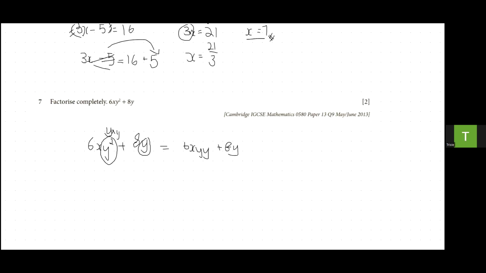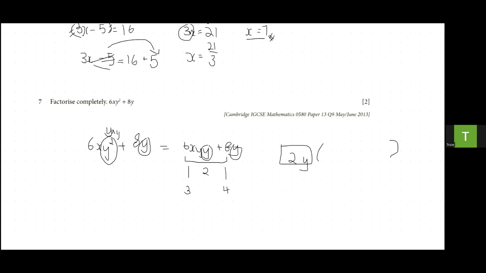So y is repeated, and now the number. Which number could both 6 and 8 be divided by? It's 2. 6 divided by 2, you get 3. 8 divided by 2, you get 4. So what will be the answer? y is repeated, so it's outside of the brackets. And 2 could divide both 6 and 8, so it's 2.